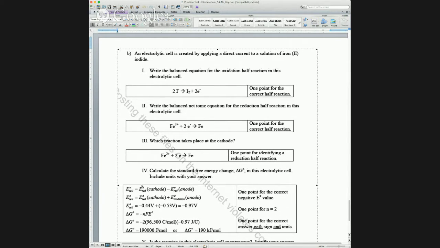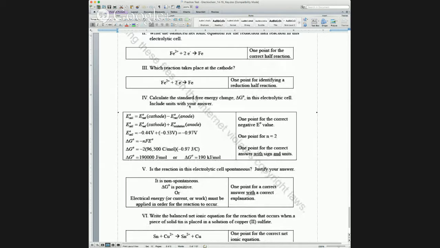Remember, when you are combining the two reactions, you want to make sure that the number of electrons gained and the number of electrons lost are the same. It's really easy for this one because it is 2. So 2 times 96,500 for F, Faraday's constant, times the E naught, which is negative 0.97 volts.